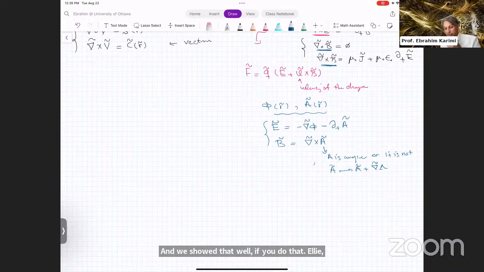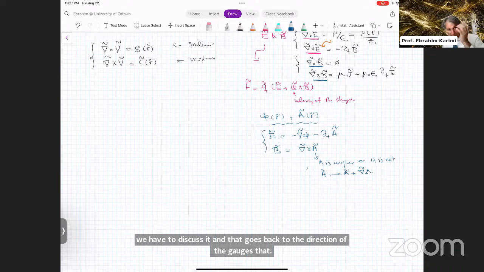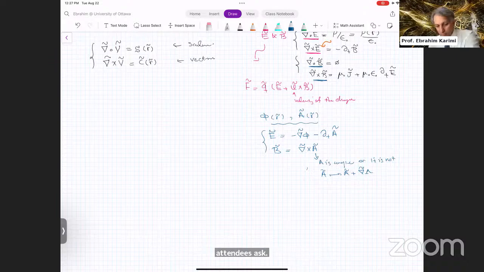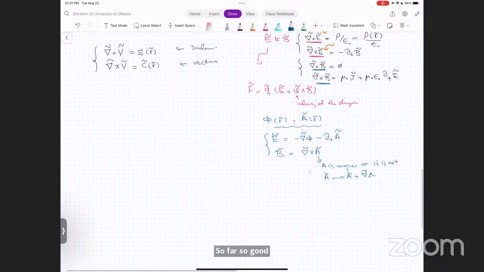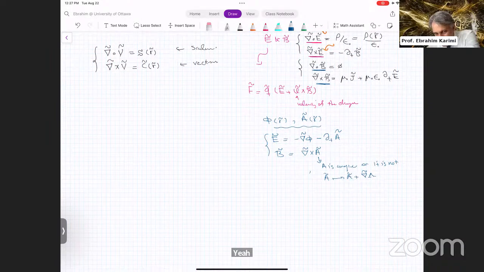But what happens with the electric field? That is an argument we have to discuss, and it goes back to the question about gauges that one of the attendees asked. So far, so good. I will not go through the gauge at the moment.